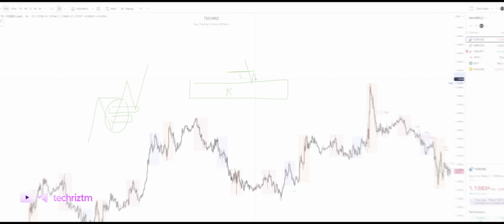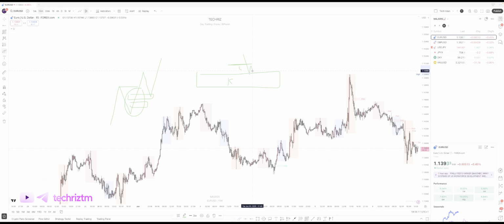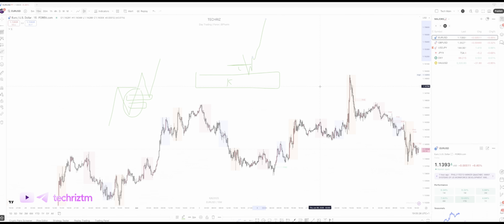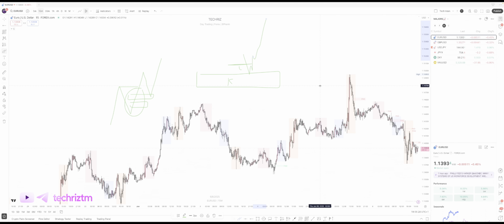Either it shows the change in state of delivery, or it prints another block, whatever it wants to print. As long as you know how to trade, you know when price is intending to reverse, right? And boom, boom, boom. We typically want to target the highs, because the highs are places where price is drawn to, right?